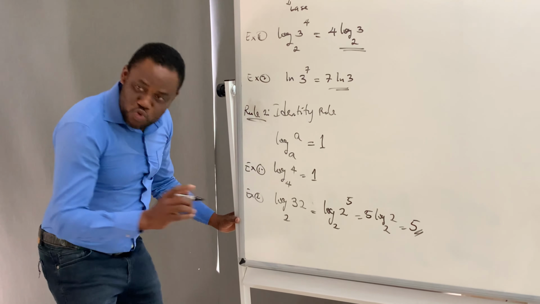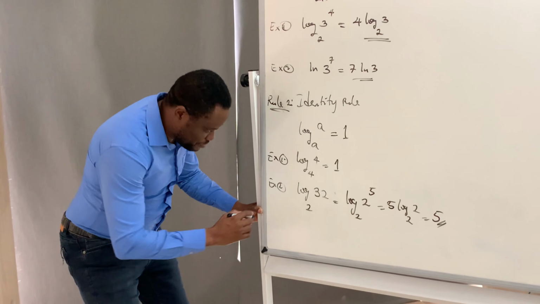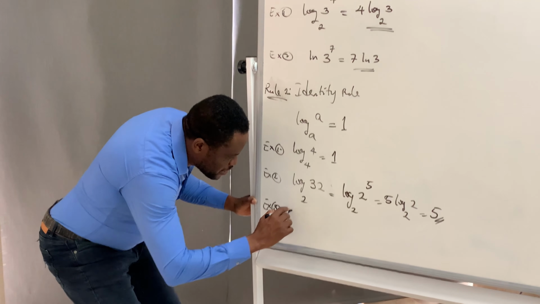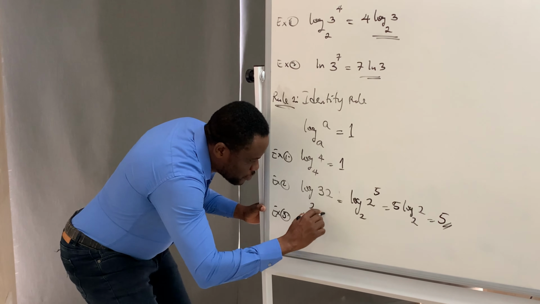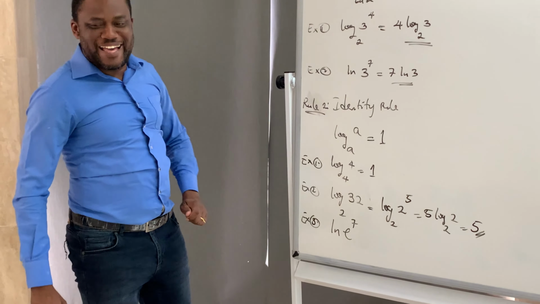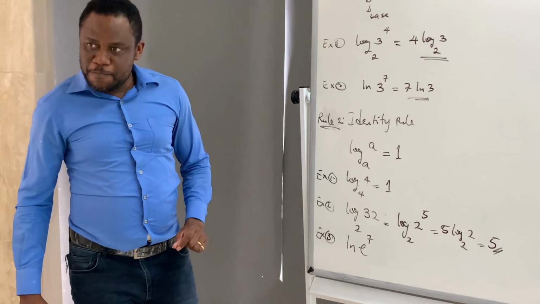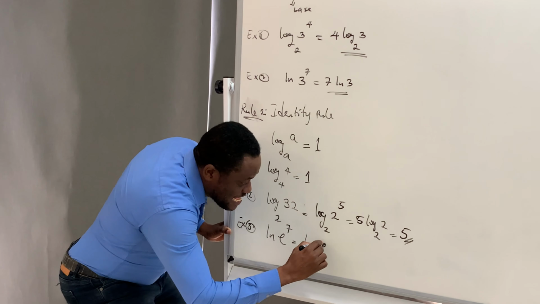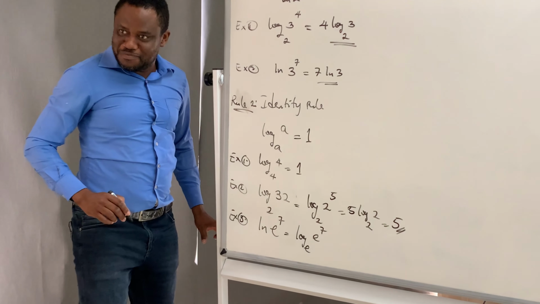Let's apply it to the natural logarithm. Let's say we have ln e to the power of 7. Don't forget that ln naturally means log in base e. That means I can write this as log in base e of e to the power of 7.